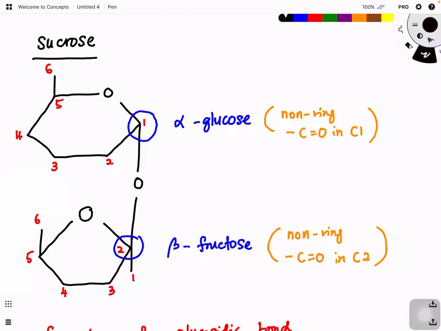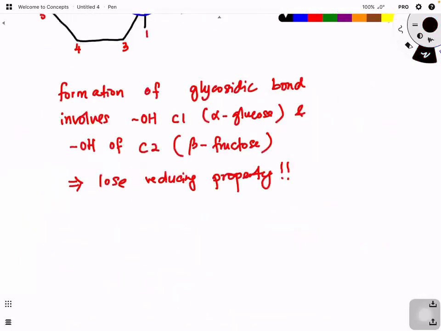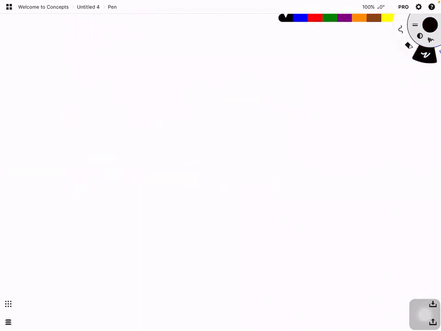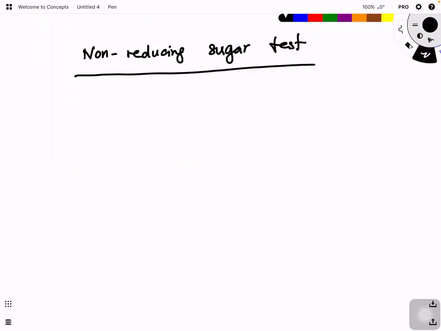So for the Benedict's reagent, the non-reducing sugar test: remember, our process to test for non-reducing sugar is not direct. We don't have a specific test for non-reducing sugar. So what do we do?